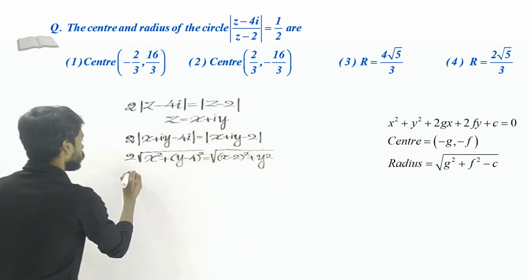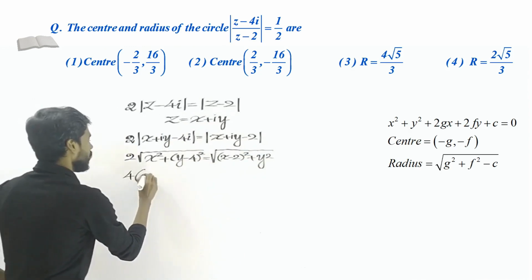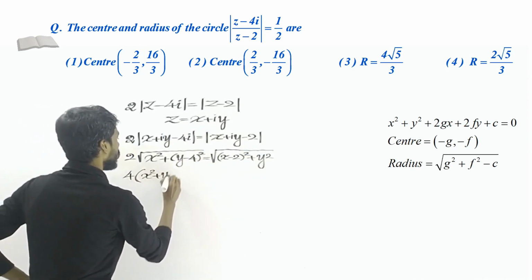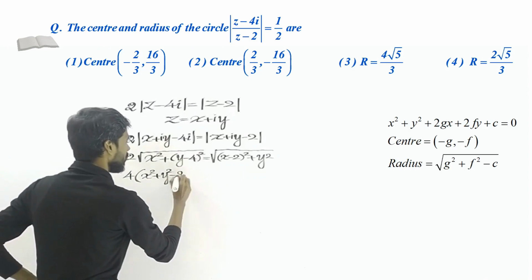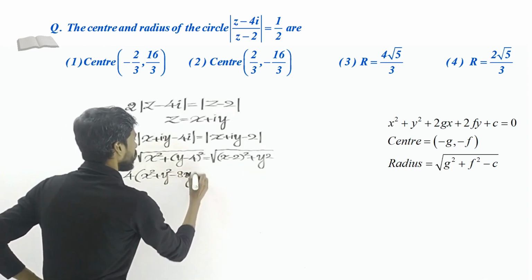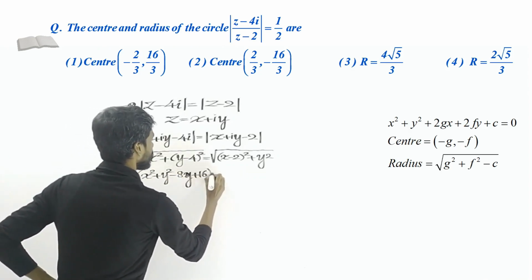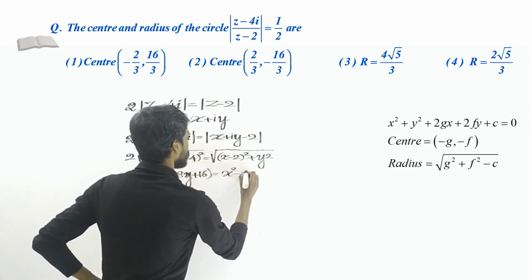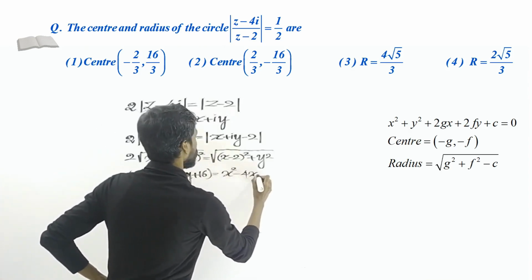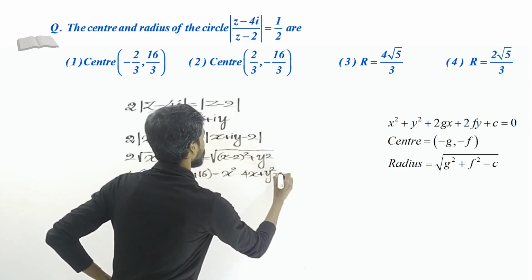So if you square this, 4 times x square plus y square minus 8y plus 16 equals x square minus 4x plus y square plus 4.